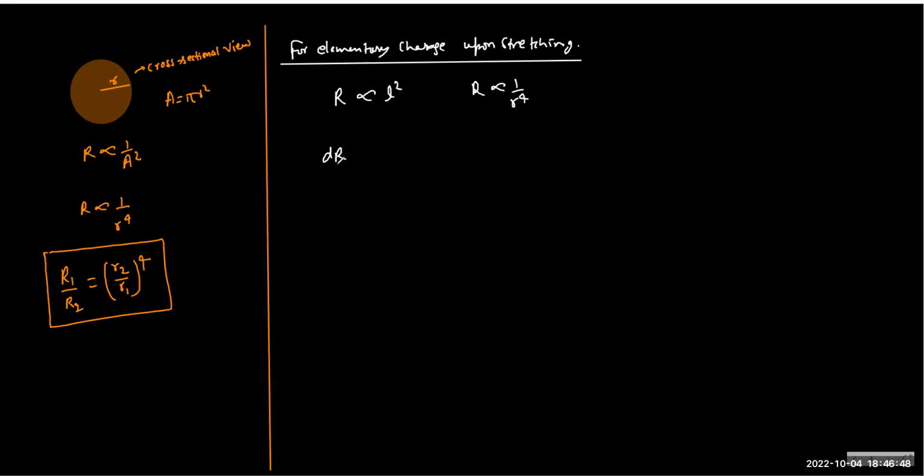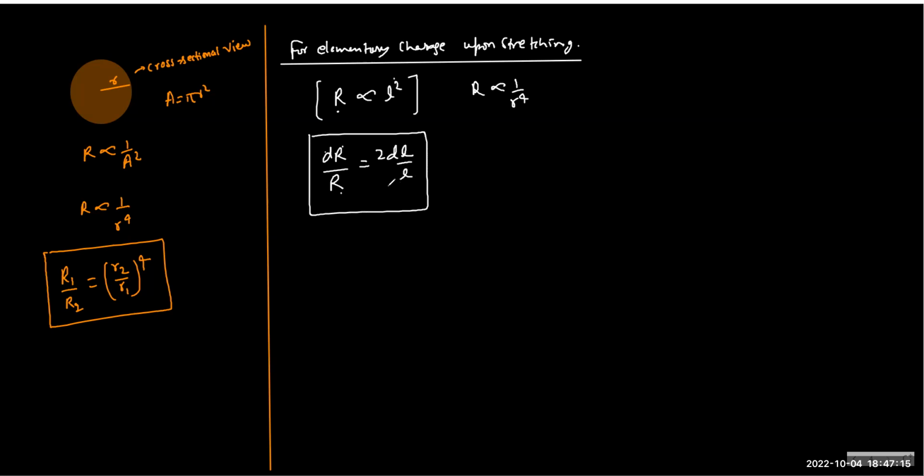So dR by R. Now this is what you can learn always: whenever you want to write a differential equation, you just write the fraction. So R will have fraction dR, the change, upon original, and to write the fraction here, the best way of writing is to multiply the power and write dL by L. That's it. So the power gets multiplied.